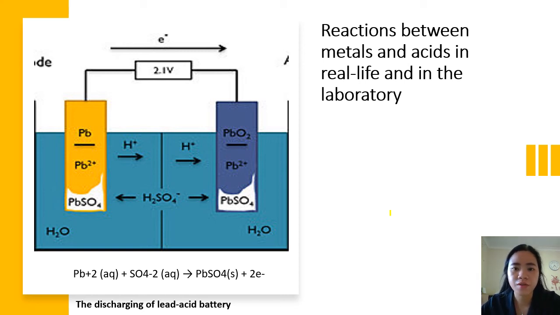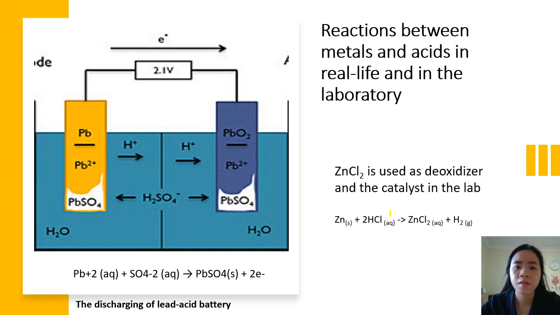At the anode during discharge, lead gives up two electrons per lead atom and combines with sulfate ions produced from the dissociation of the hydrogen ions from the sulfuric acid to form lead sulfate.